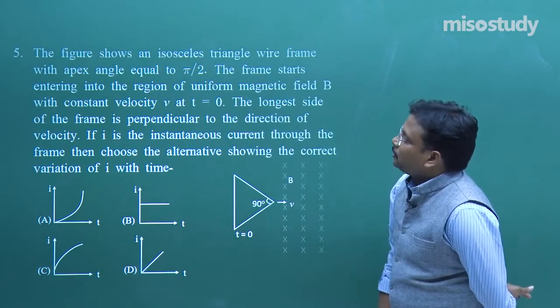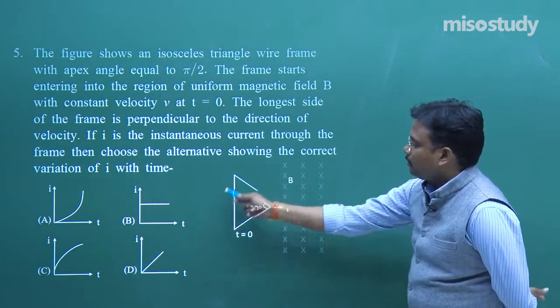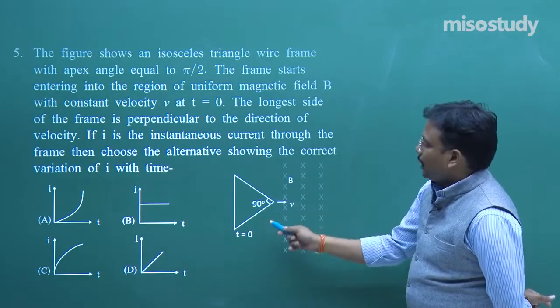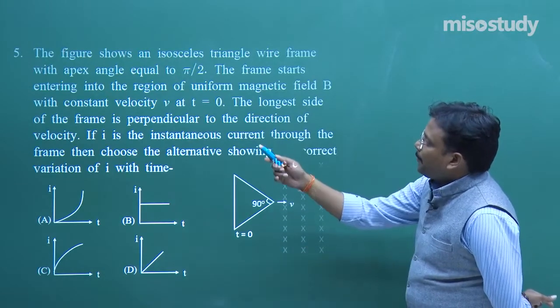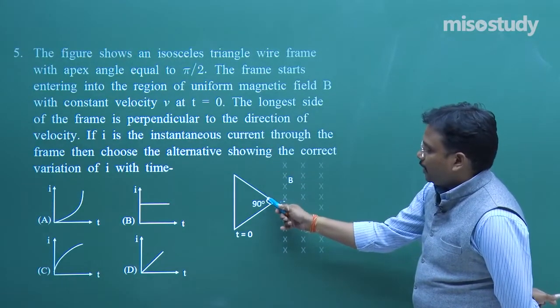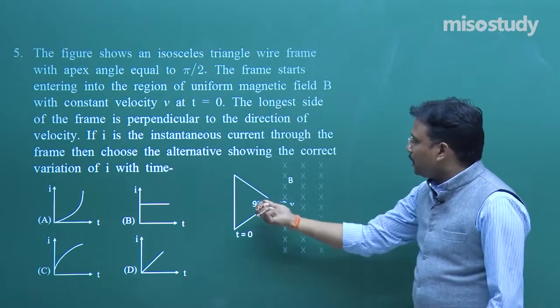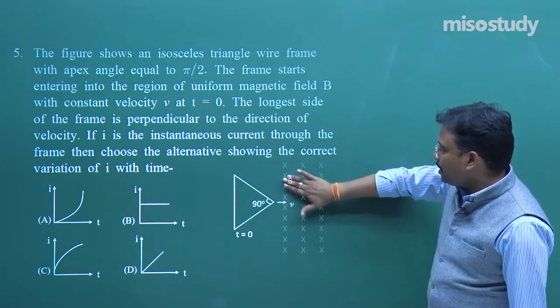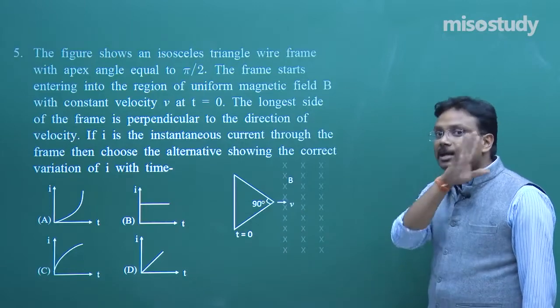First term, that is, the figure shows an isosceles triangle. Just take a look at my hand, this isosceles triangle, 90-degree wire frame. Basically it is made up of wire, let us say copper or anything, with apex angle equal to pi by 2. The frame starts entering into the region of uniform magnetic field. Here B is not changing, theta is not changing, but area is changing.